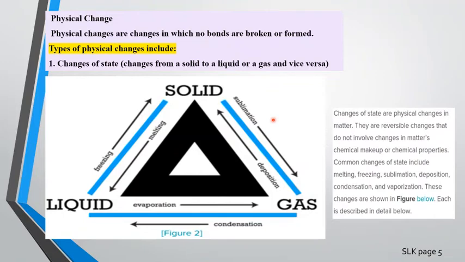Again, changes of state are physical changes in matter. They are reversible changes that do not involve changes in matter's chemical makeup or properties. Common changes of state include melting, freezing, sublimation, deposition, condensation, and vaporization.